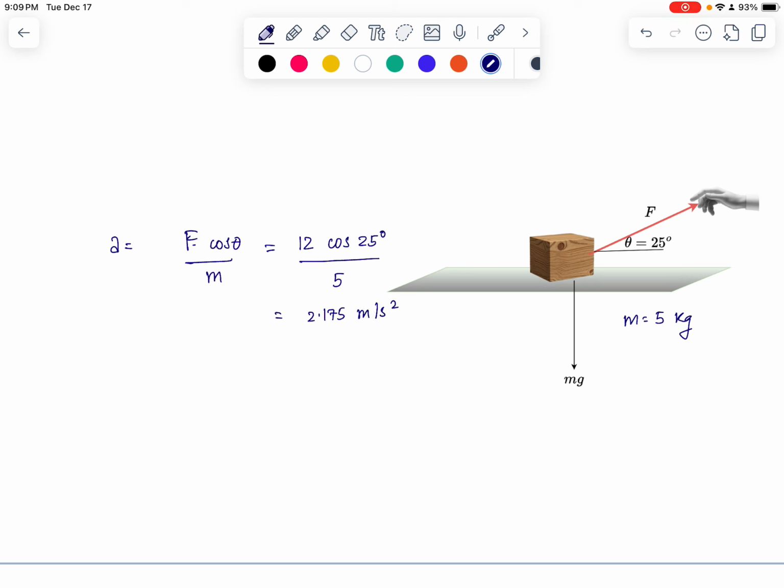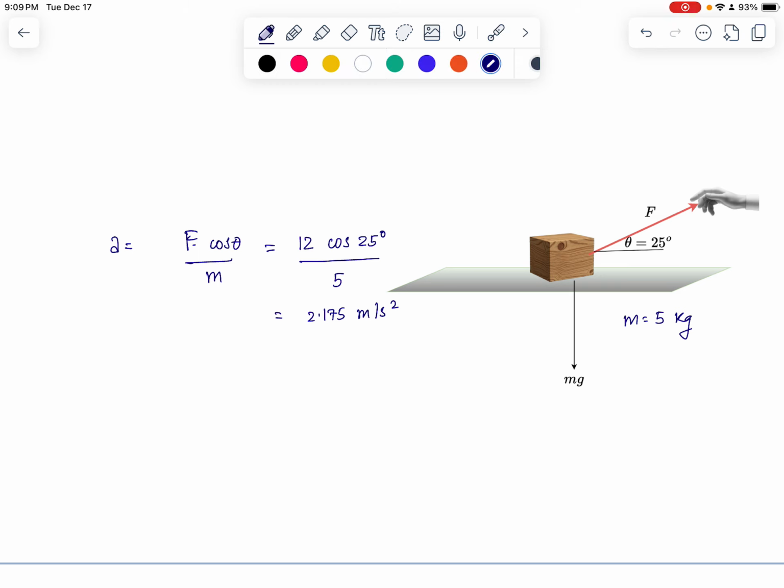Now the question being asked here is, if we pull hard enough, what is the acceleration of the block at which the block just lifts up from the floor?